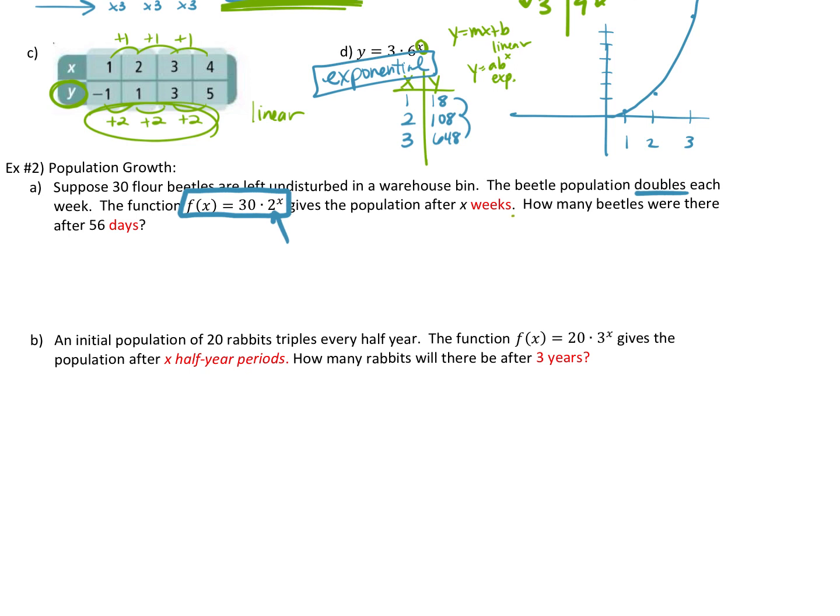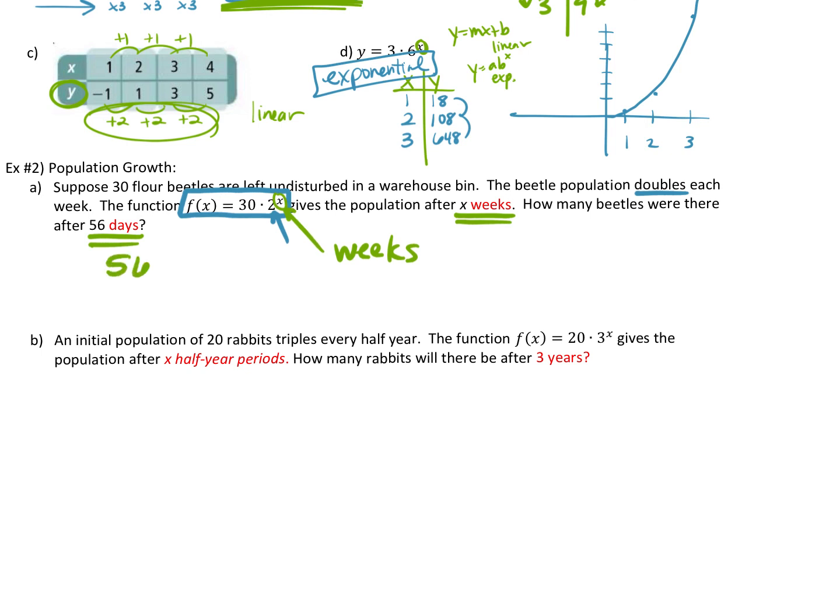This gives the population after x weeks. The question is, how many beetles were there after 56 days? If x is in weeks, then we have to plug a number in of weeks. But we have days. How do you make 56 days into weeks?